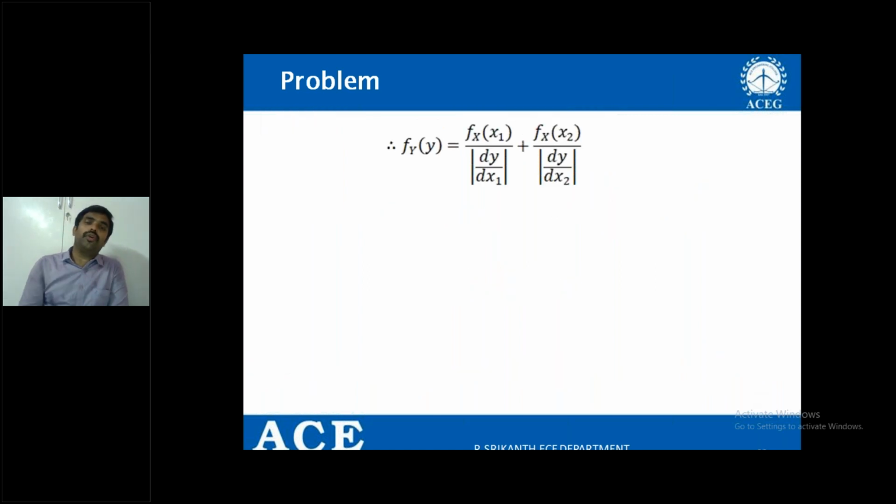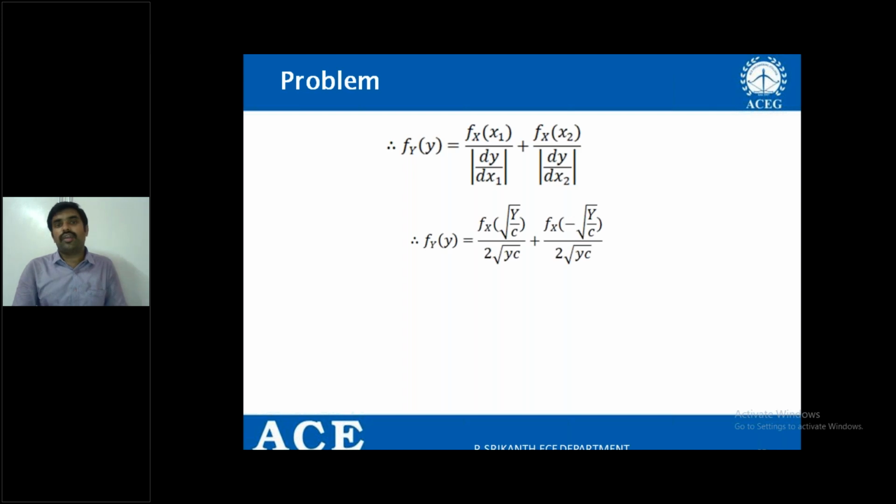So therefore, finally I can write the density function as equal to f_X(x1) by mod dy by dx1 plus f_X(x2) by mod dy by dx2. Substitute here: f_Y(y) equal to f_X(under root y by c) by 2 under root yc plus f_X(minus under root y by c) by 2 root yc.